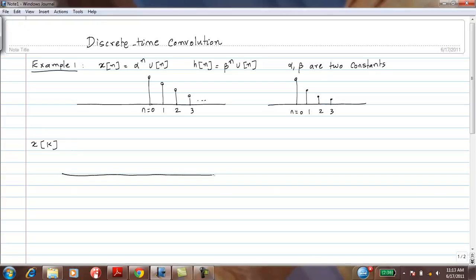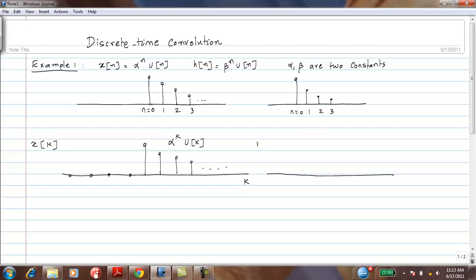So x of k is a signal which is actually going to look identical to what I already drew. But now we need to think of this as a signal with the independent variable k. And notice that the signal is 0 for all negative values of k. And for positive values of k, it's given by alpha to the k u of k, or alpha to the k.